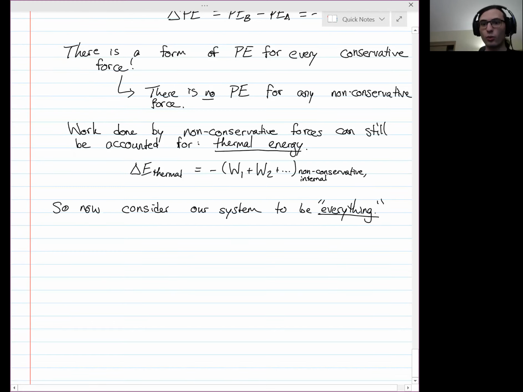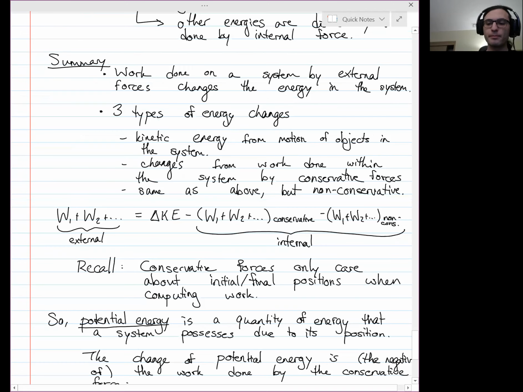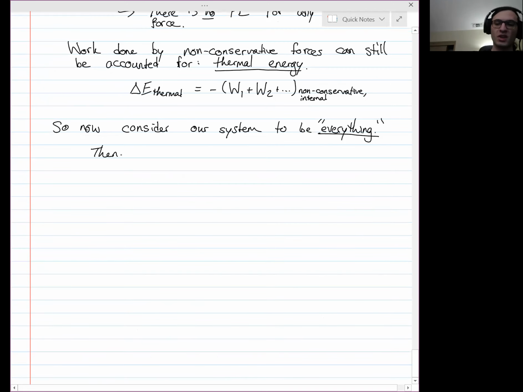Then what does this formula up top become? It's really just a rewriting of the work energy theorem. It becomes 0 equals delta KE plus delta PE plus delta E thermal.